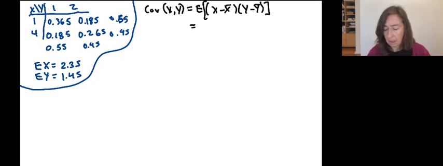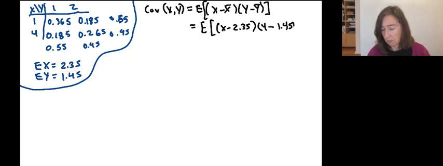In this particular case, it's the expected value of X minus 2.35, that's my X bar here, and Y minus 1.45, Y bar there.